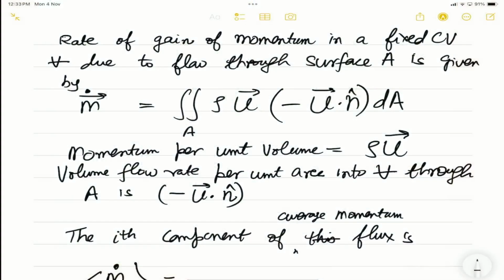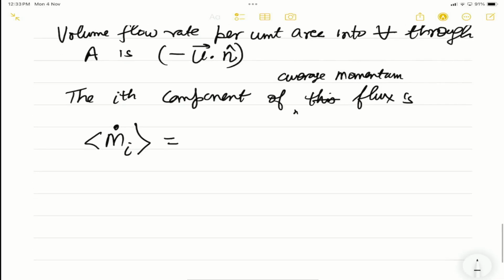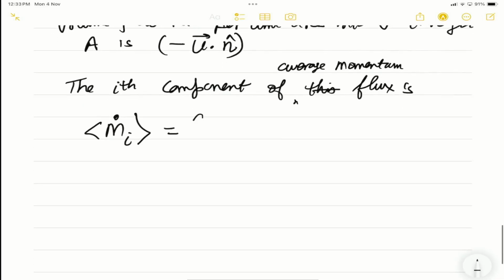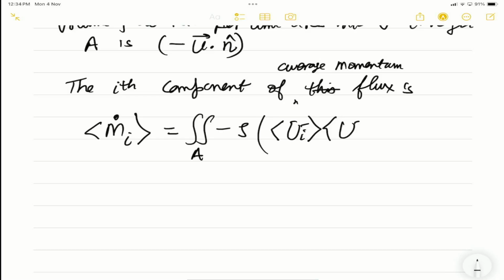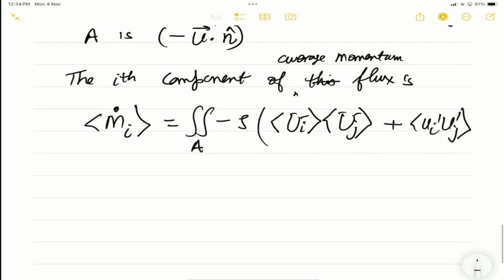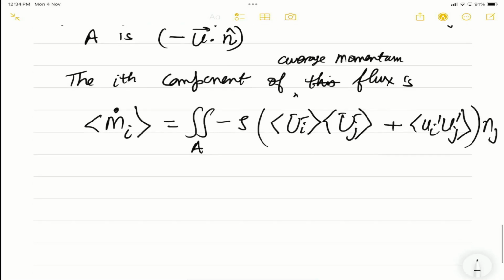So therefore, when I take the average of this, what I will get is m dot i equal to the integral over the area of minus rho times the mean of ui uj plus ui prime uj prime, nj multiplied by dA.